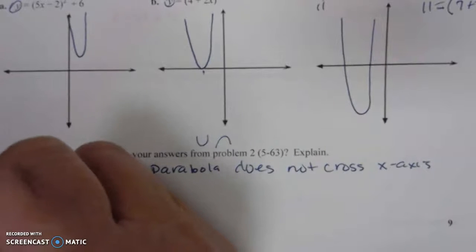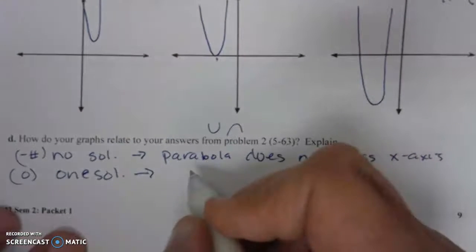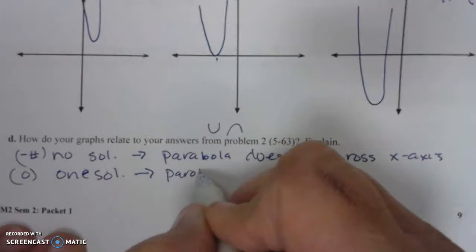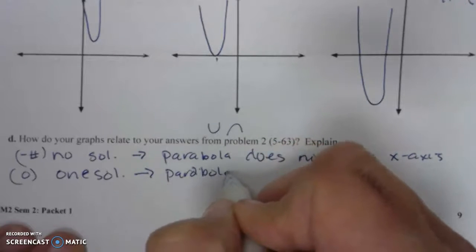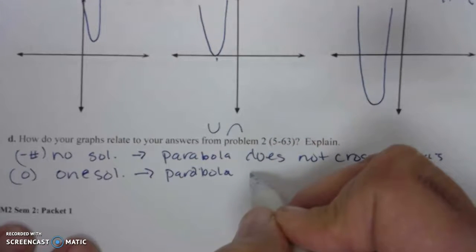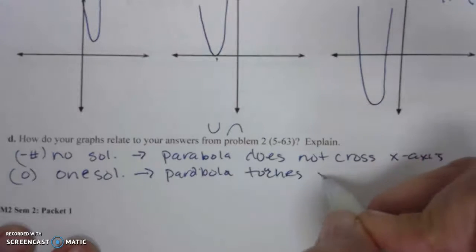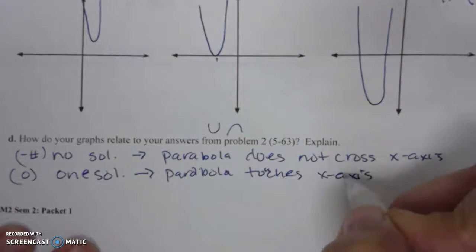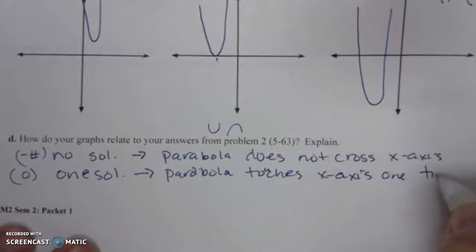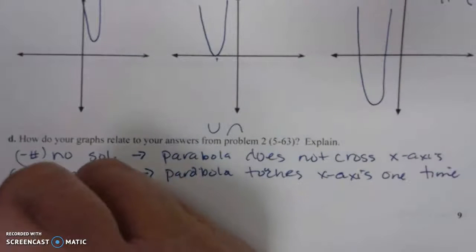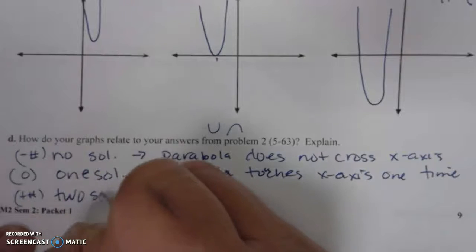That's a negative number. One solution, the parabola touches the x-axis one time.